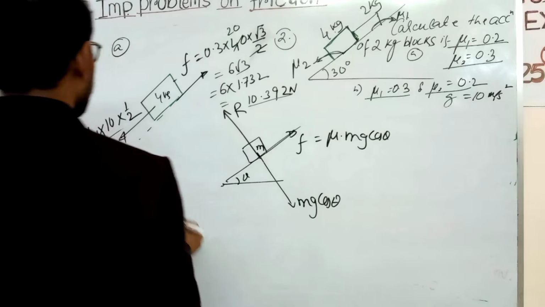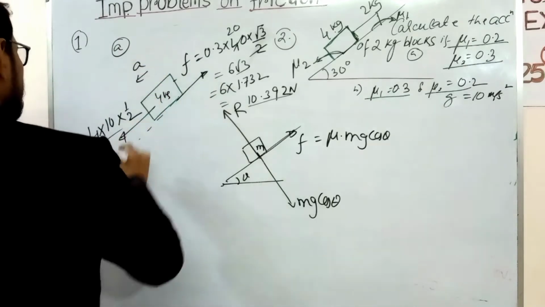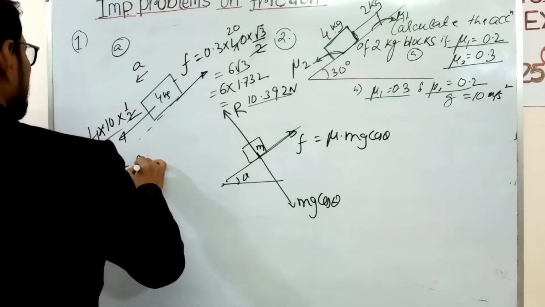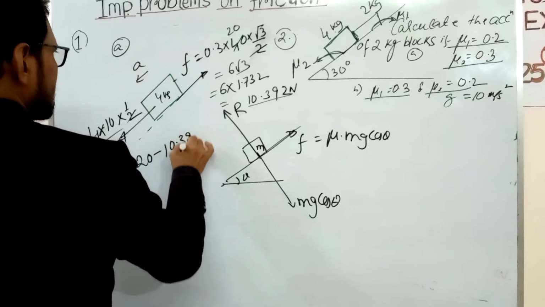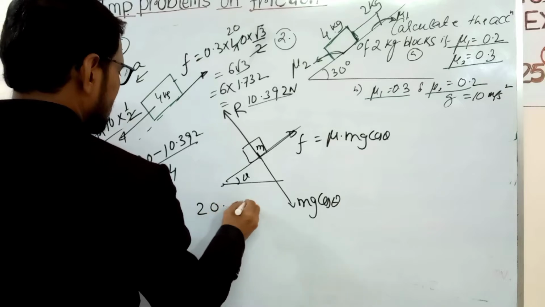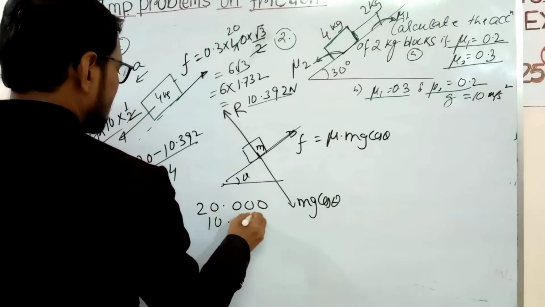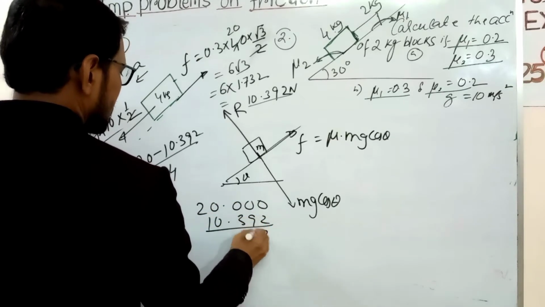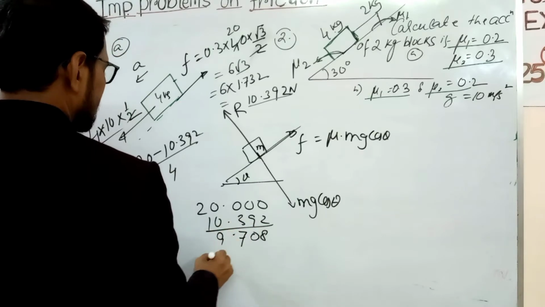Now what is the acceleration of the 4 kg block? Acceleration will be 20 minus 10.392, divided by mass 4, that is 20 minus 10.392, which is 9.608.